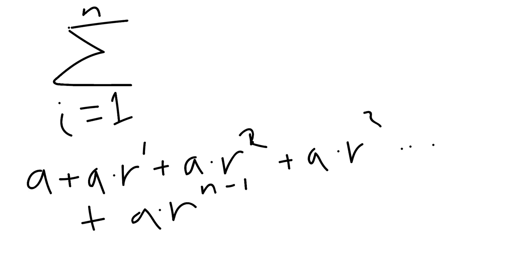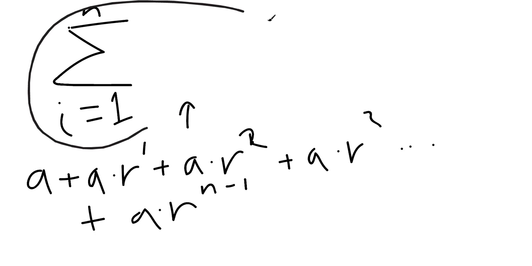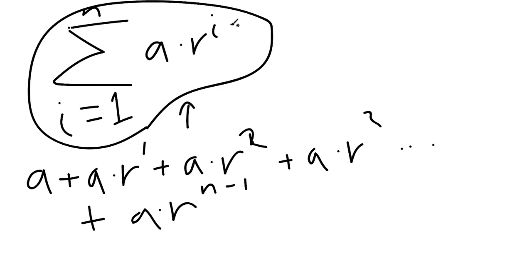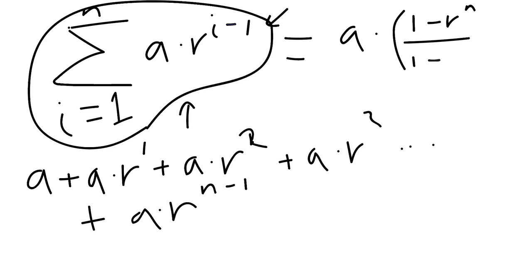If we see something of this form, then we can put it into a summation formula that looks like the sum of a times r to the i minus 1. And this whole thing is equal to a times 1 minus r to the n over 1 minus r.